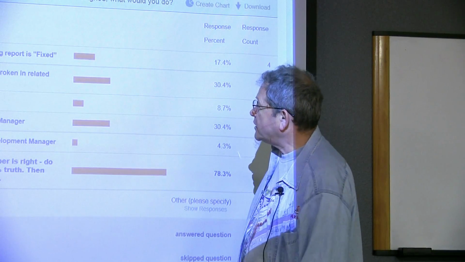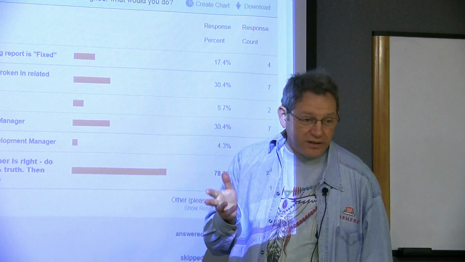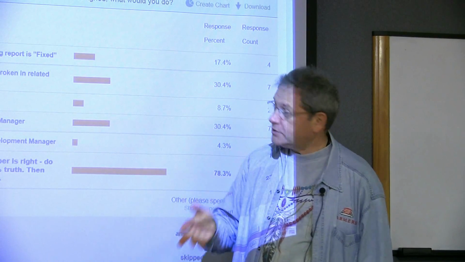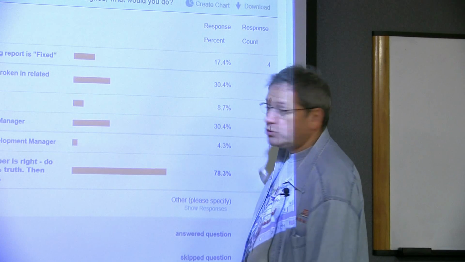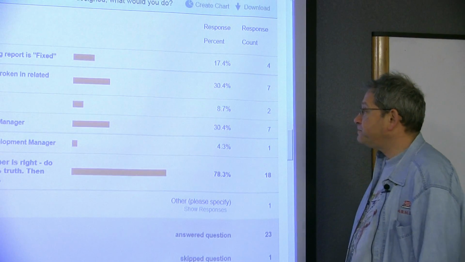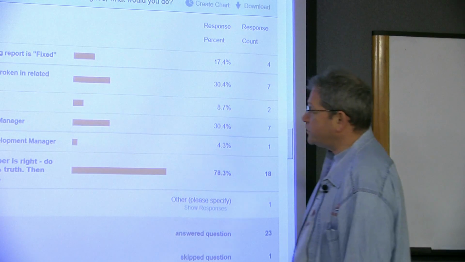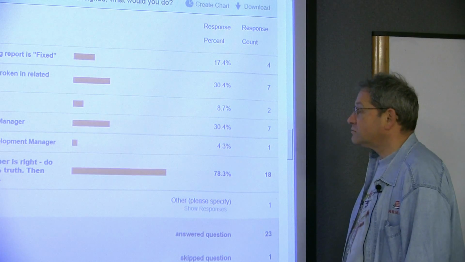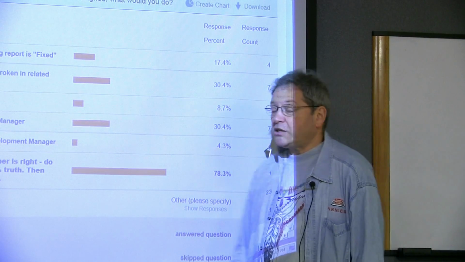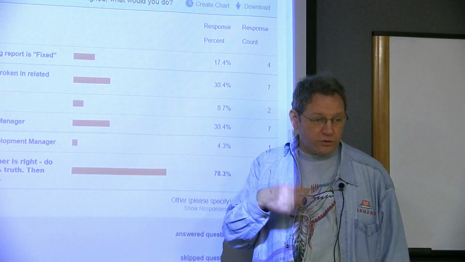If you find the bug and the developer says it is as designed, meaning it's not a bug, it's a feature. Okay. What would you do? Let's see. Make sure the status of the bug report is fixed. Guys, we did the bug reporting thing. We used the element tool.